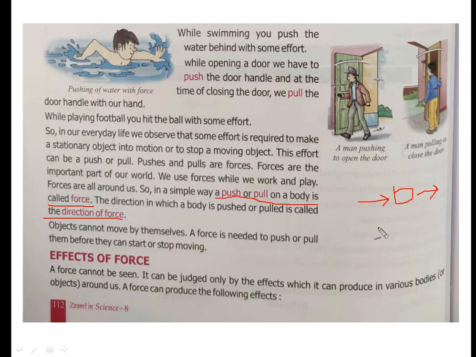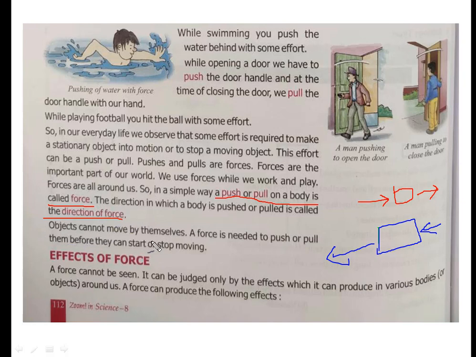On the other hand, suppose there is another object. You will push the object in this direction. So in which direction will the object move? In the same direction. So these arrows show the direction. So this direction is known as the direction of force.